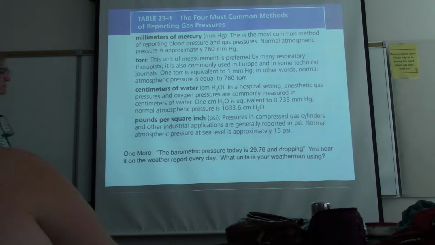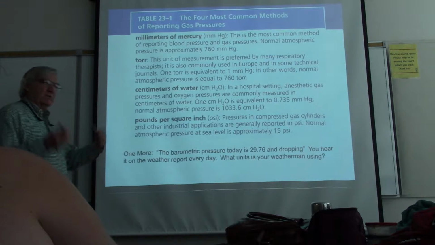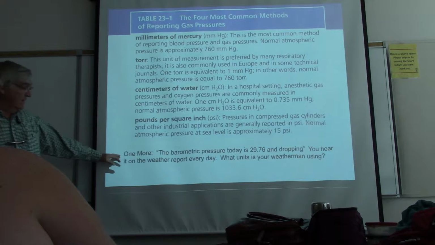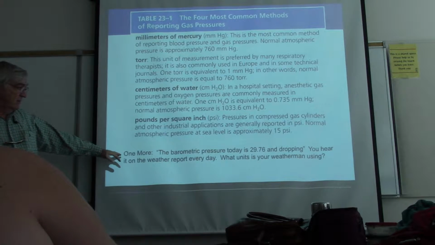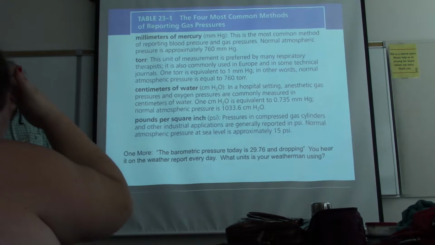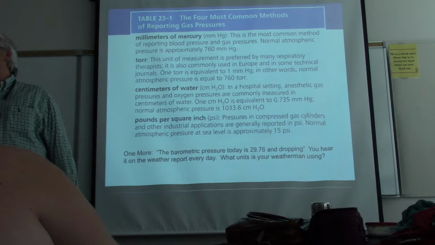Pounds per square inch, a lot of times you'll look at gas cylinders, and they're stamped on there in so many pounds per square inch. Normal atmospheric pressure here would be about 15. That's pretty normal. And one more is that Dave Zaleski, when he reads the weather report every morning, says the barometric pressure is 29.76 and rising.